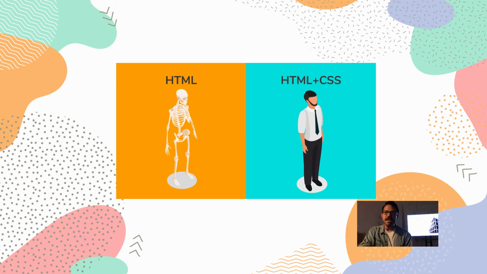Another way of thinking about it is HTML is the structure, it's the skeleton, and CSS is the way to stylize it. It says, okay, the head is blonde, and the body is wearing a suit. So all the stylistic information is handled by CSS, and the structural information is handled by HTML.